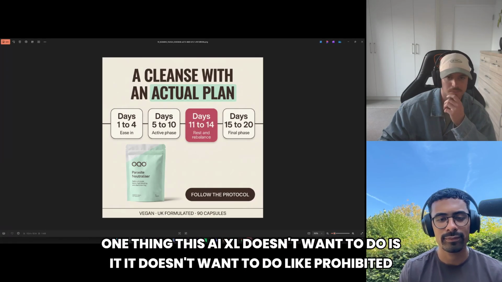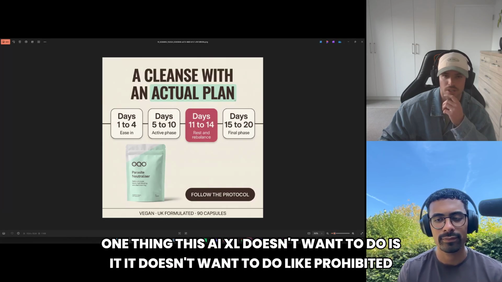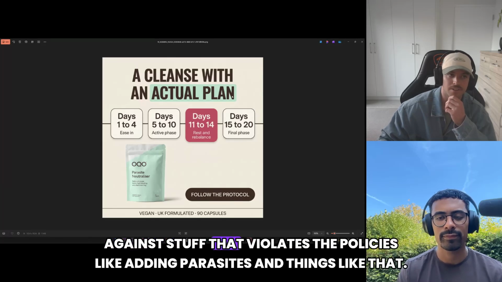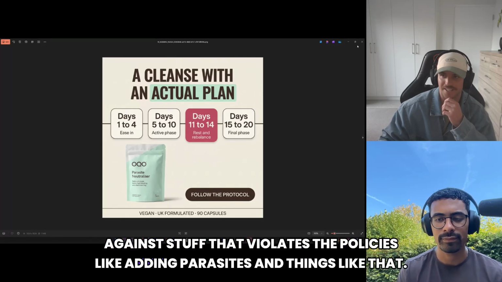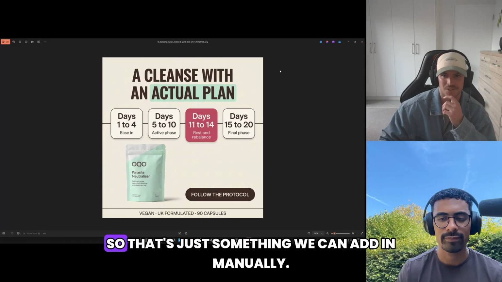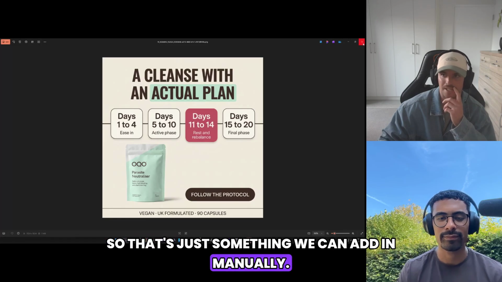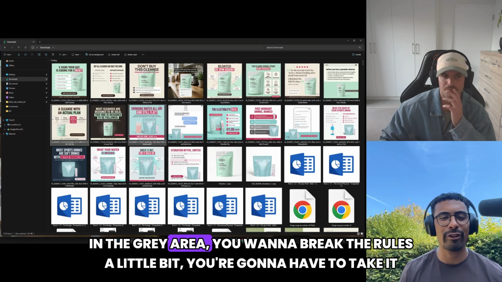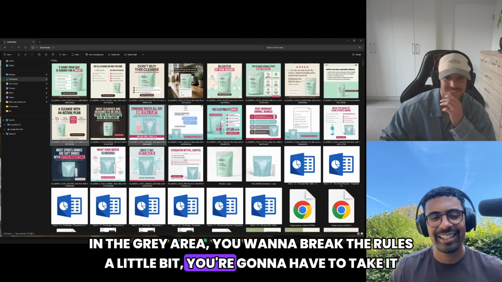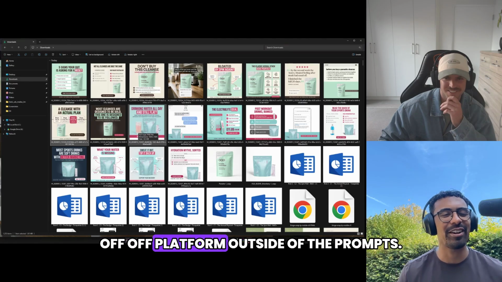One thing this AI, Higgsfield, doesn't want to do is prohibited stuff that violates the policies, like adding parasites and things like that. So that's just something we can add in manually. Okay, so if you want to live in the grey area and break the rules a little bit, you're going to have to take it off platform.